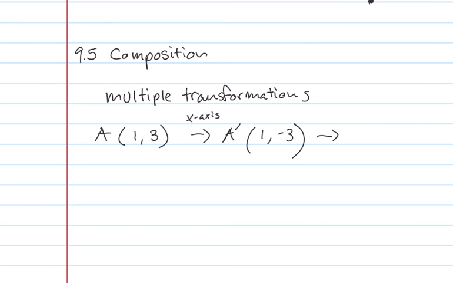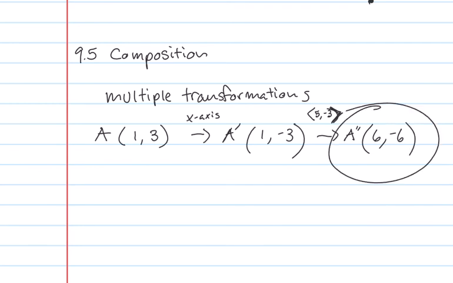And then I'm going to apply this vector, this component rule, 5, -3. Vector has the little pointy braces there. So that would become 6, comma, -6. And that's your final answer. So a composition means that we have multiple transformations happening, and I'm going to be using multiple primes.